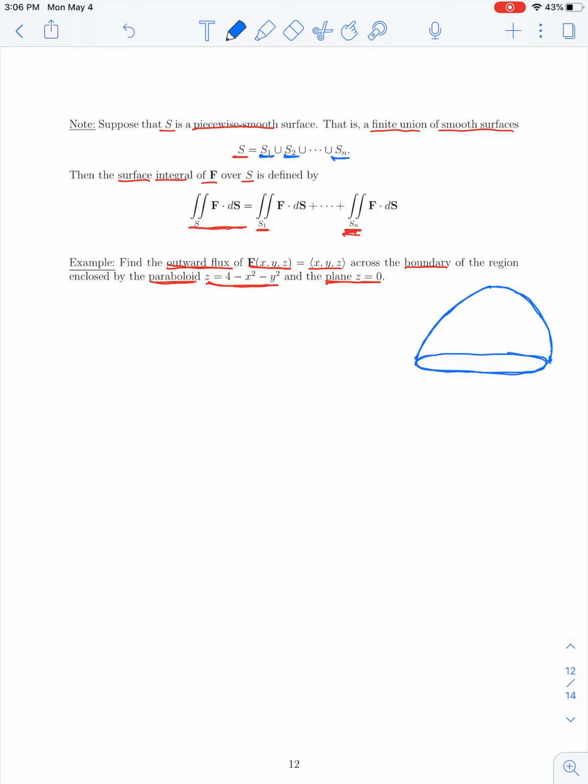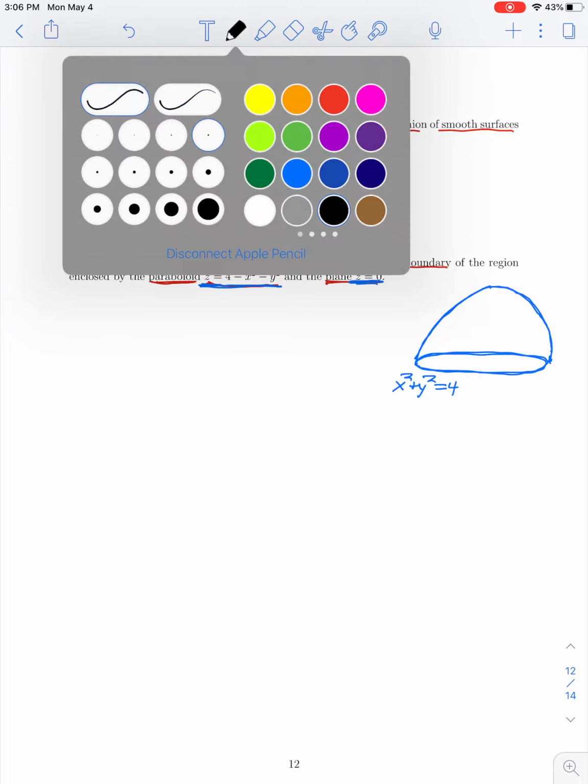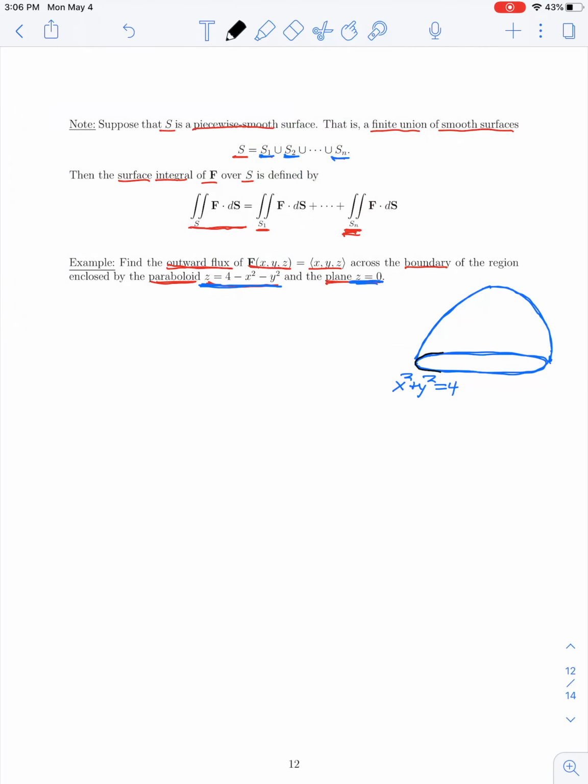To find the particular equation of that circle of intersection, we would let z equal 0. If z equals 0 is substituted into the equation of our paraboloid, we have 4 minus x squared minus y squared is 0, or x squared plus y squared is equal to 4. So that would be our circle in the xy plane, centered at the origin of radius 2.